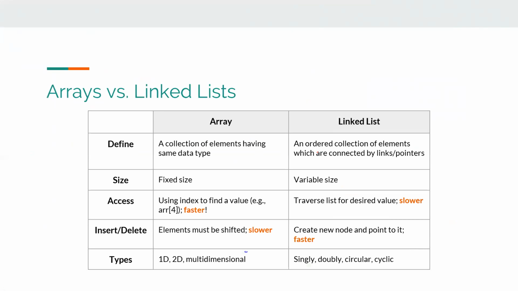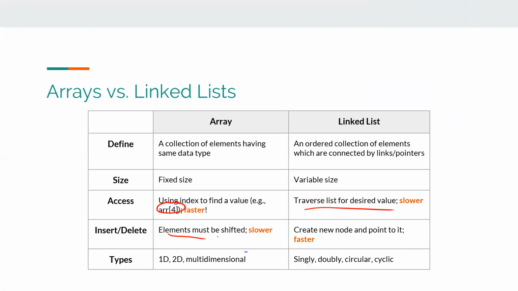Arrays have a fixed size. A linked list can grow and shrink as you need to. Indexing an array is much faster than indexing a linked list because you can go straight to the item you're looking for with an array, right? The index just gives you an arithmetic offset, and it knows how to find the items really fast. Traversing a list for the desired value is slower.